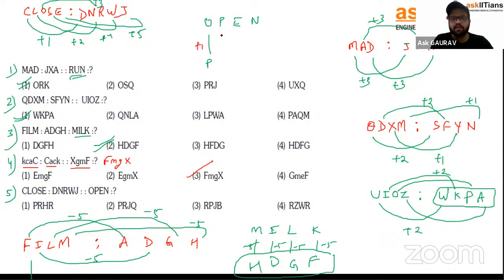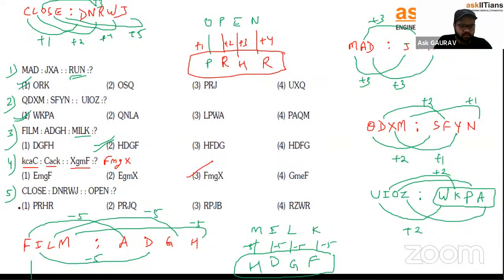O plus 1 is P, then P, Q, R, E plus 2, plus 3 and plus 4 will be there. So E plus 3, H, then N plus 4, O, P, Q, R. So PRHR is the right option. Which option? Option 1. Clear, guys? Tell me.